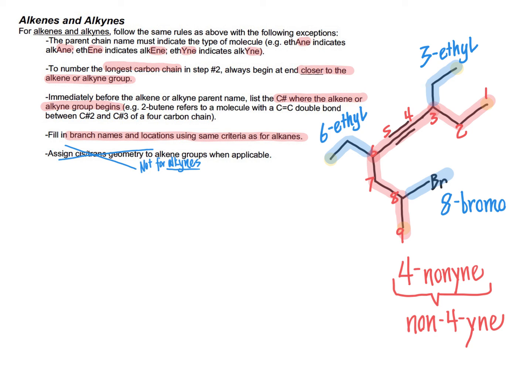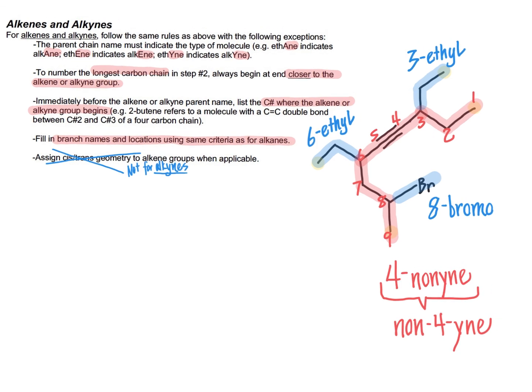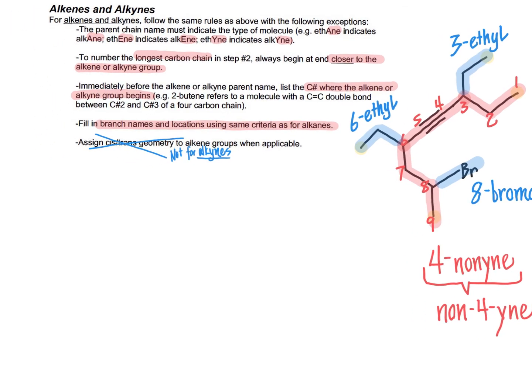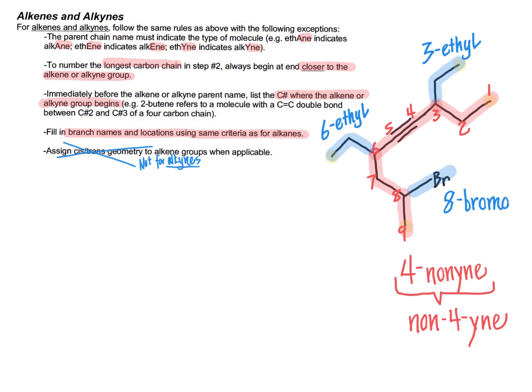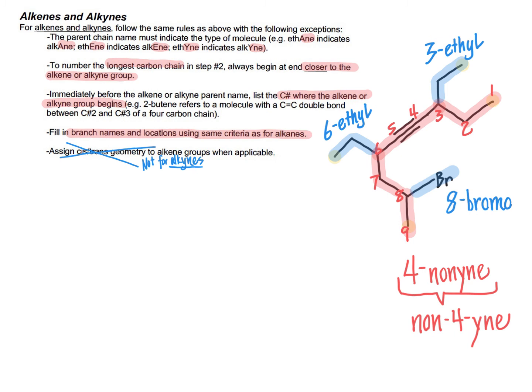Now, plugging this all in, the parent name we said was 4-non-yne or non-4-yne, whichever you prefer, and we enter the branches based on alphabetical order, where bromine comes before ethyl in the alphabet, and so therefore bromine would be listed first in our prefixes.